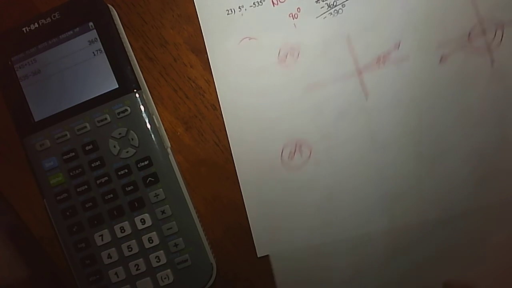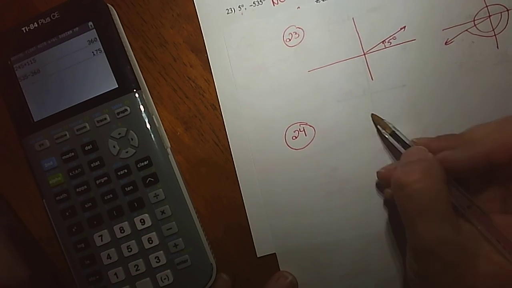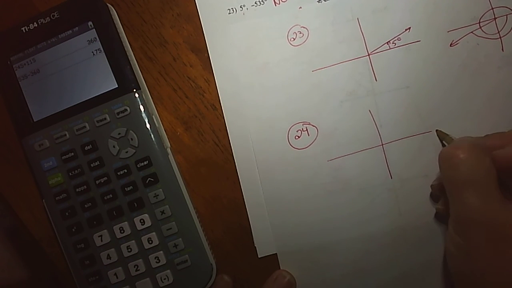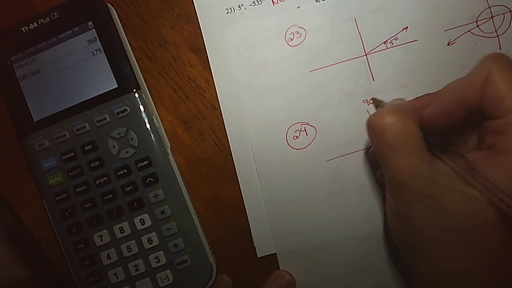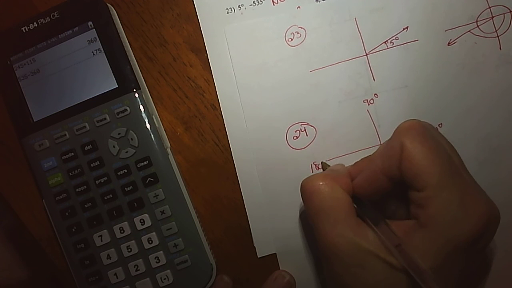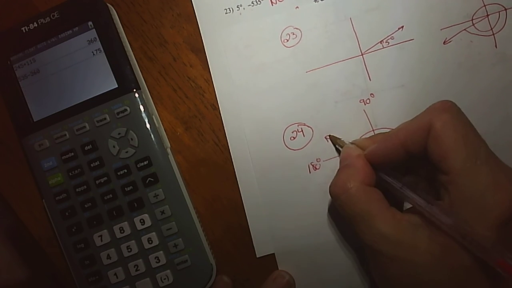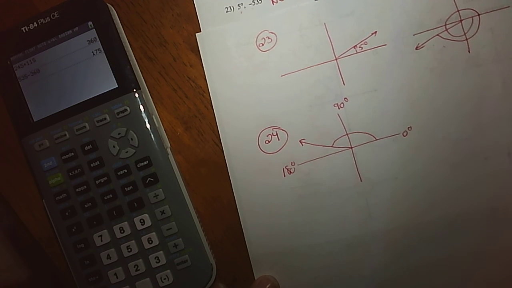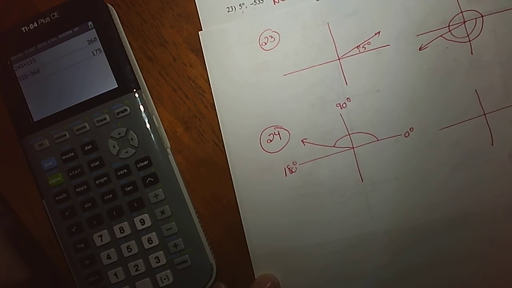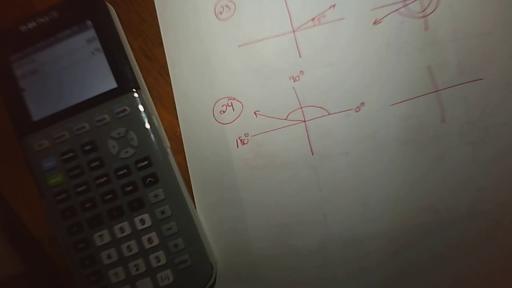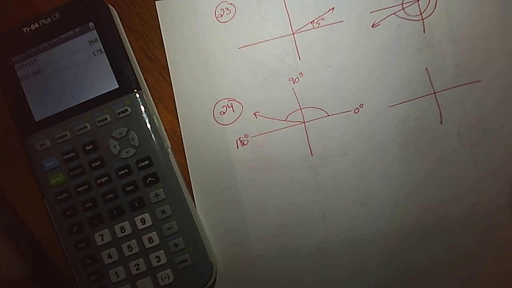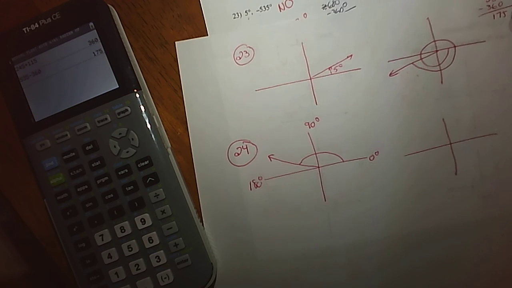Okay. And then finally, 24. I'm going to graph 170 first. This is 0. It's positive, so I'm going up. 180. So 170 pulls me to about there. Okay. Now, negative 530. Negative 530, right, means I'm going back.